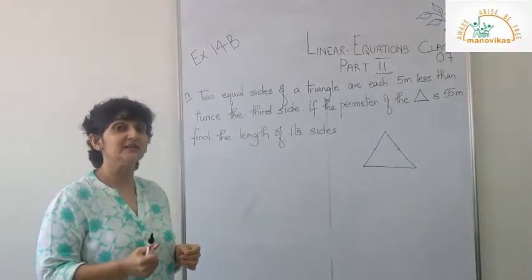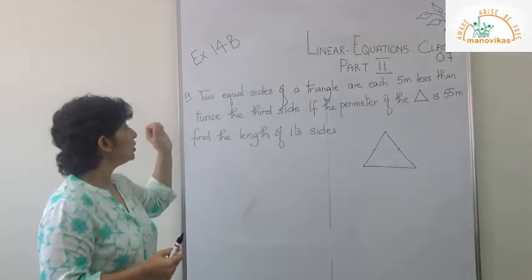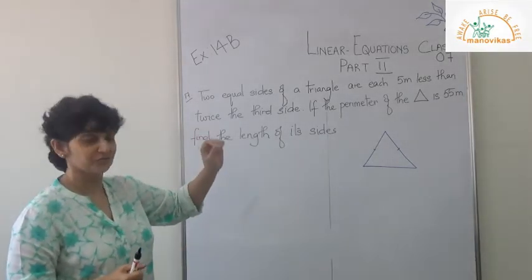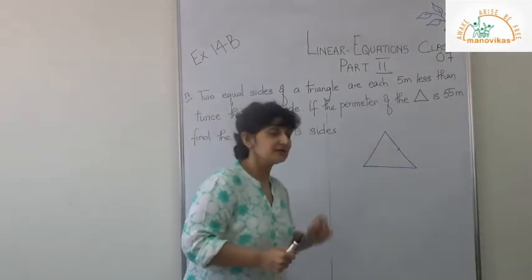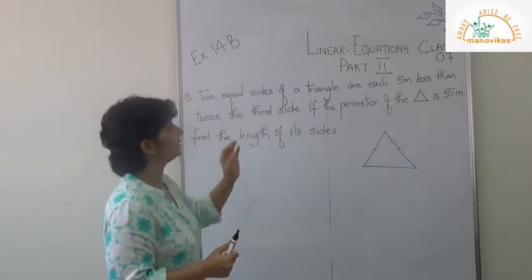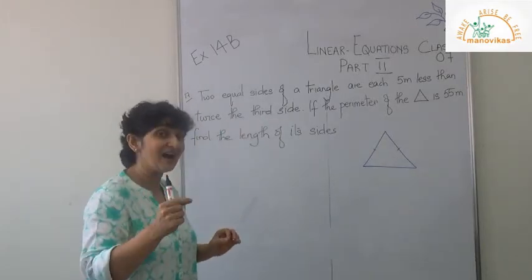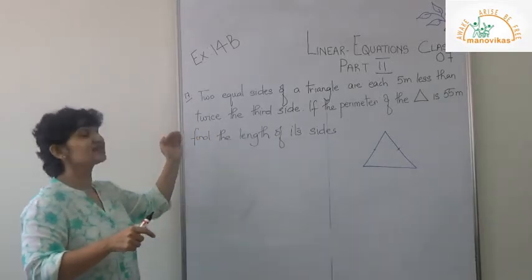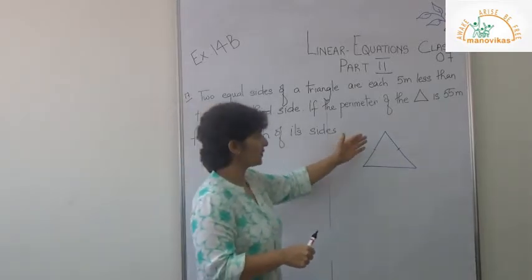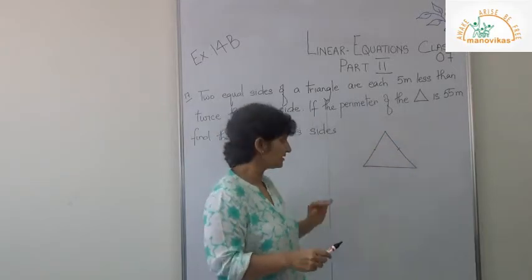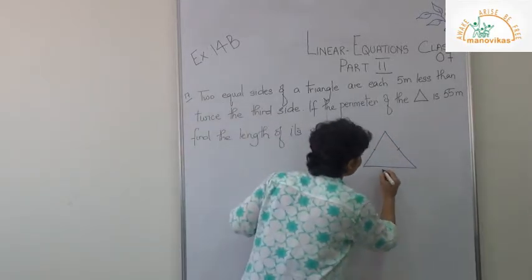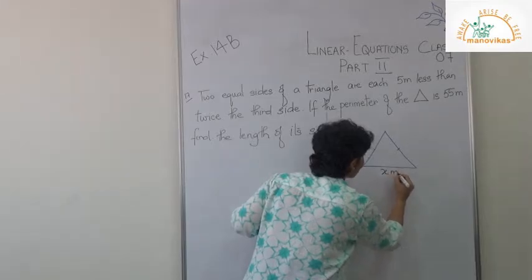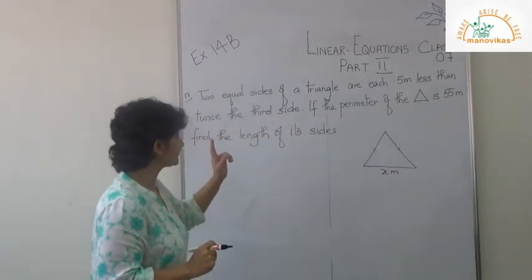Alright, question 17. Children, read it along with me. 2 equal sides of a triangle, let's assume these 2 sides are equal, are each 5 meter less than twice the third side. Say this is my first side, second side, my third side. Now, suppose this third side is x meter, what are they saying?